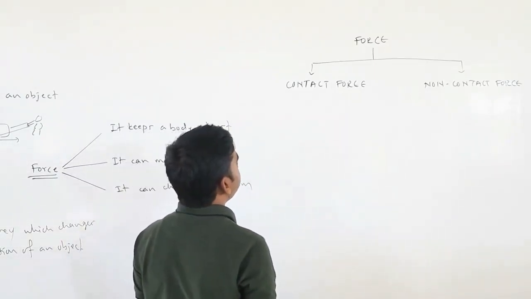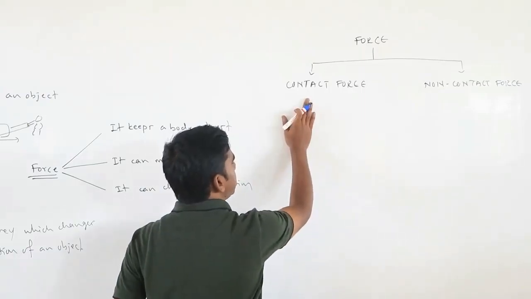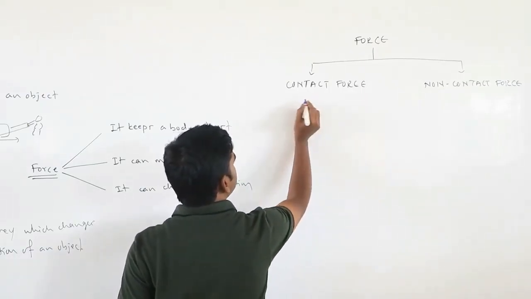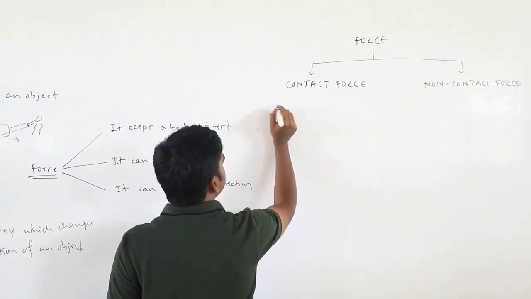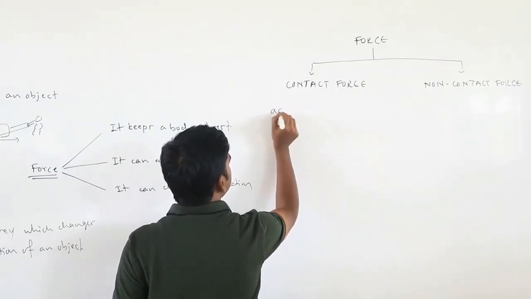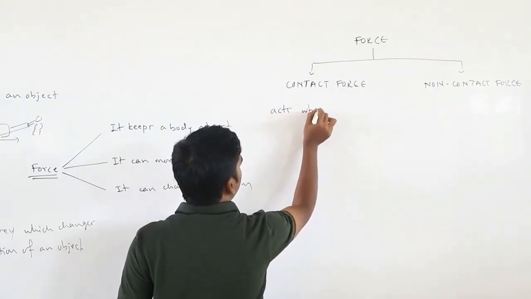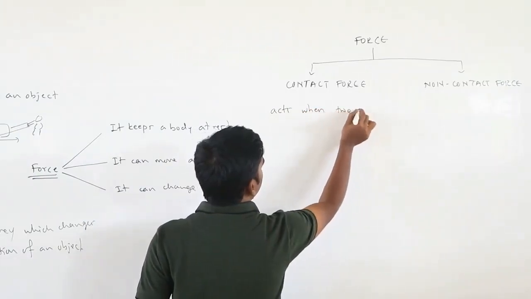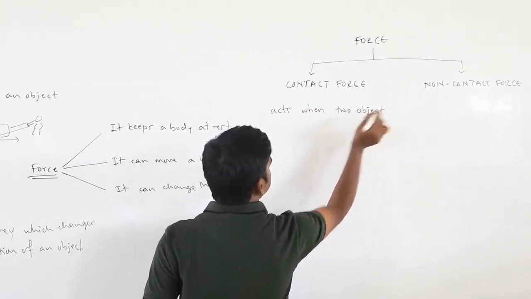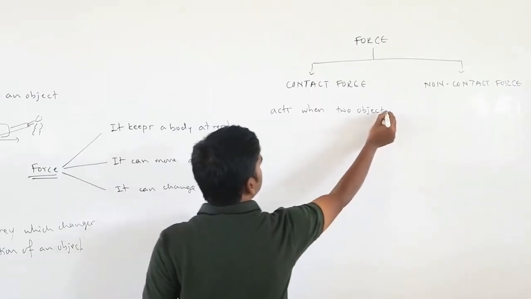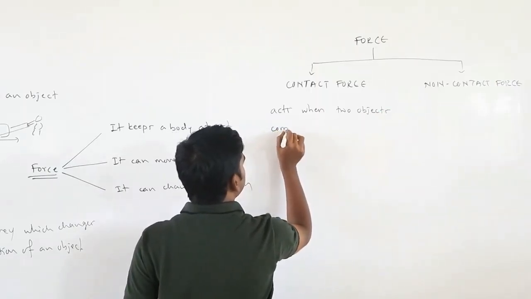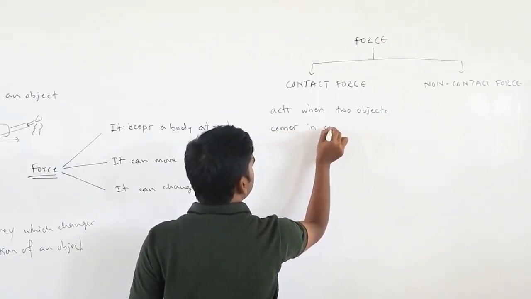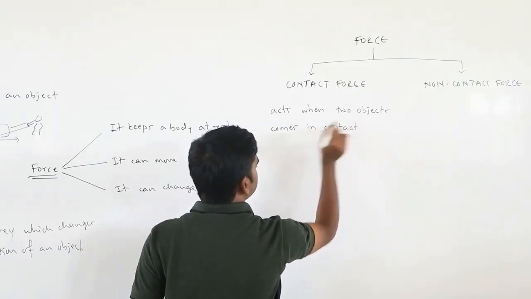So contact force means what? This force will act when two bodies come in contact. Okay. So this force acts when two objects or bodies come in contact with each other.